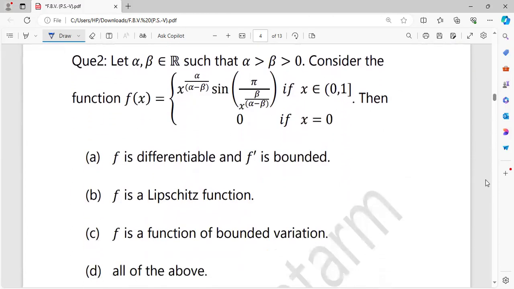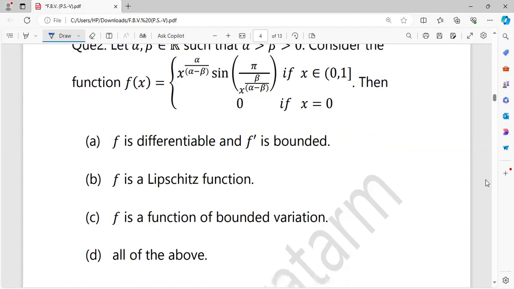The second question is the same, only cos is replaced by sin. You can use the same technique I used in question number 1, and you will find f is differentiable and its derivative is bounded. The first option is also correct. The second option is correct because every function which is differentiable and whose derivative is bounded is going to be Lipschitz, and a Lipschitz function is a function of bounded variation.